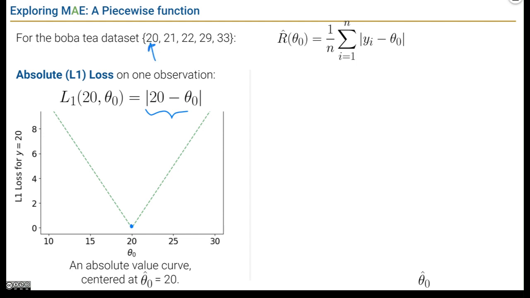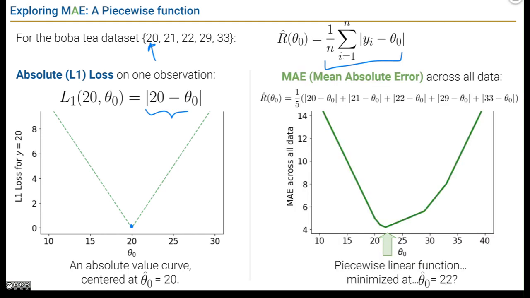I actually want to think of what is the average loss, and that's what I'd like to minimize. And it turns out if I go plot this is a piecewise linear function, and it's minimized at the value of 22. Okay, so for this data set, if I were going to use L1 loss and mean absolute error, I would actually predict 22 instead of 25.